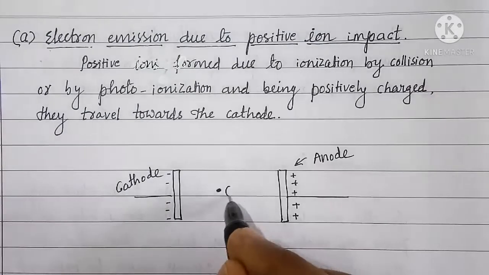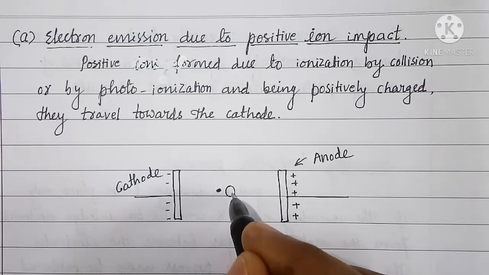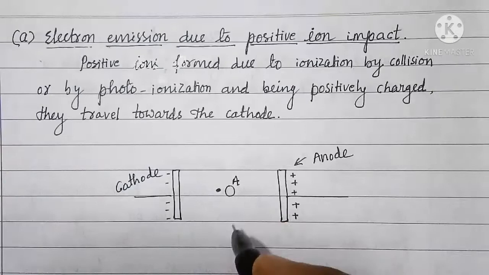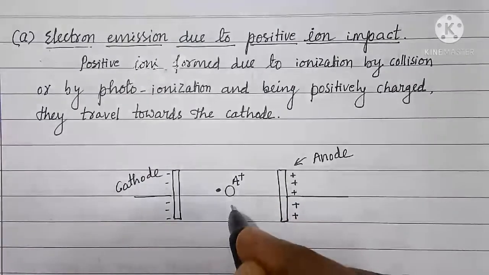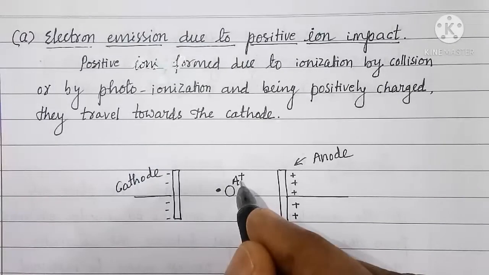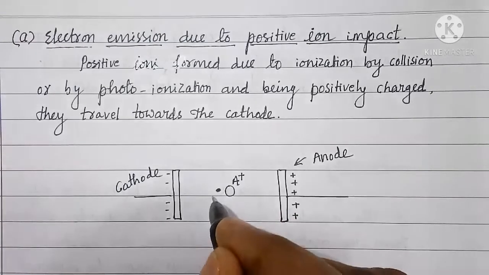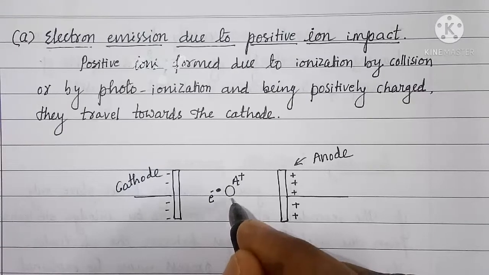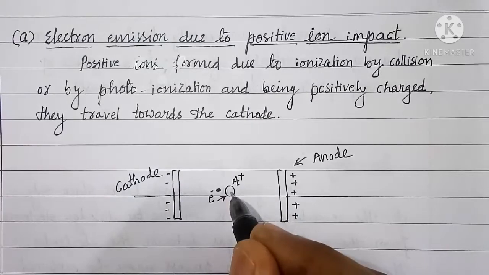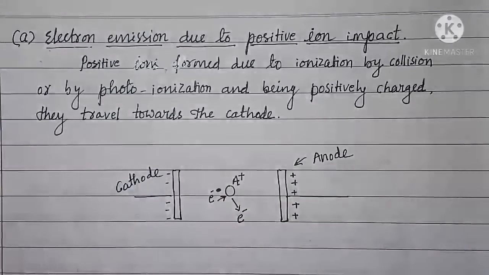Due to the collision between a free electron and a gas atom, a positive ion will be formed. I am representing the gas atom by A here. A plus means what? It is the positive ion of the gas. And this is what? This is the free electron, e minus. And when it collides, an ion is formed from the gas molecule or atom and a secondary electron is released.